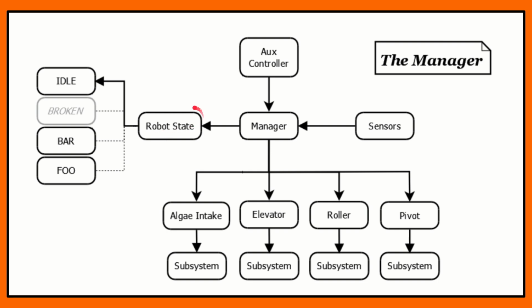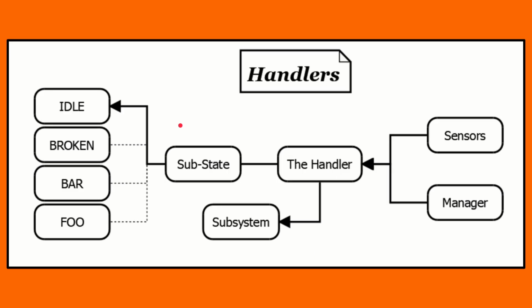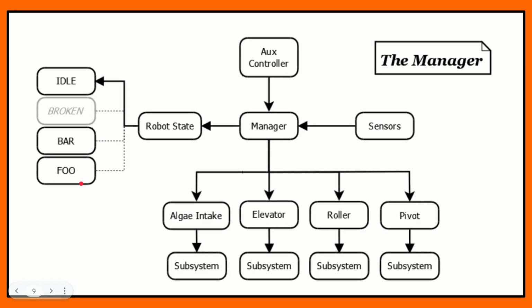And it has a robot state instead of a substate, like we talked about before. So here we have the substates. But in the manager, we have the robot state. This is the thing that the whole robot is trying to do at that point. You'll notice the broken state is grayed out.